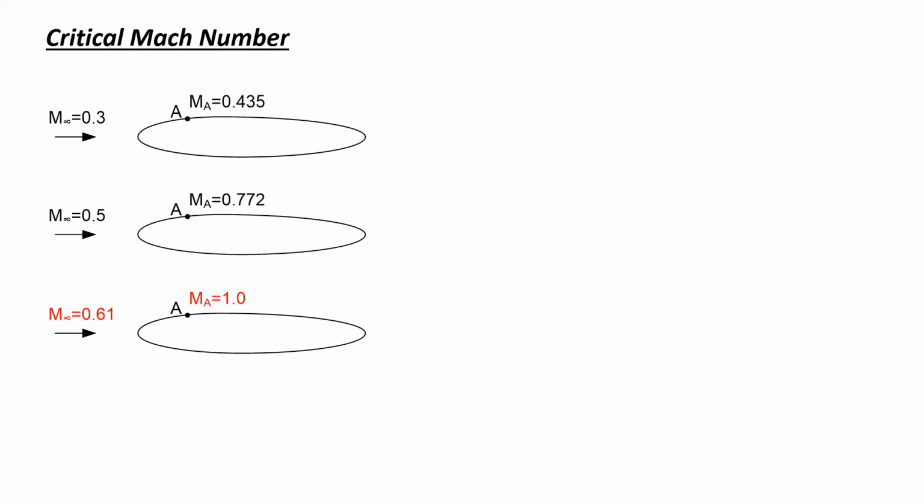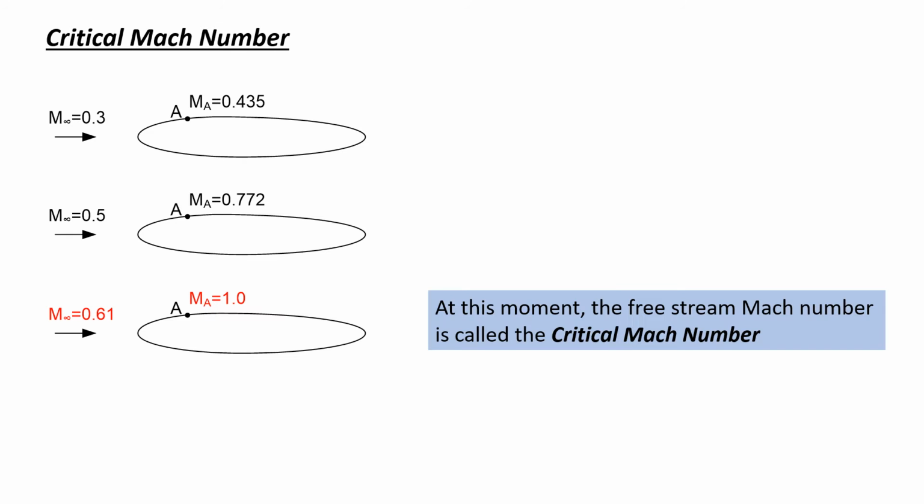You may realize that I highlighted the numbers in red. For this case, it must be something special. That's right. In this case, the free stream Mach number is called the critical Mach number. Basically, the critical Mach number is the free stream Mach number when a point over the aerofoil or the wing reaches sonic speed.